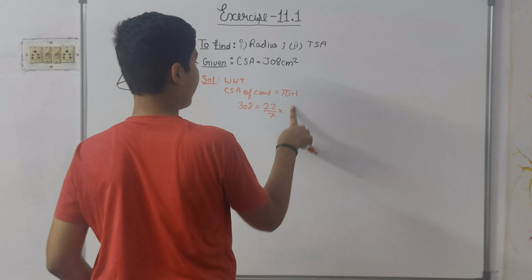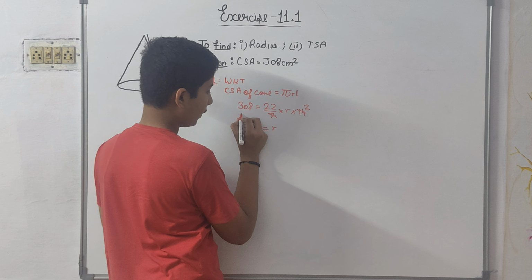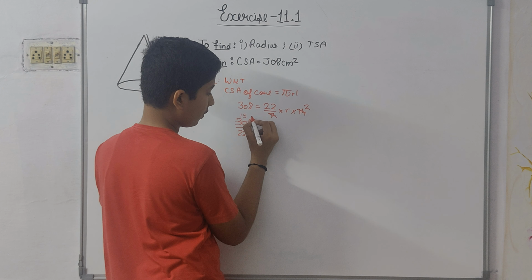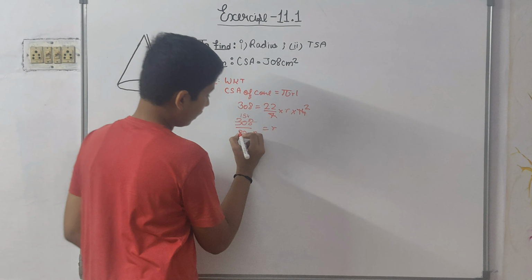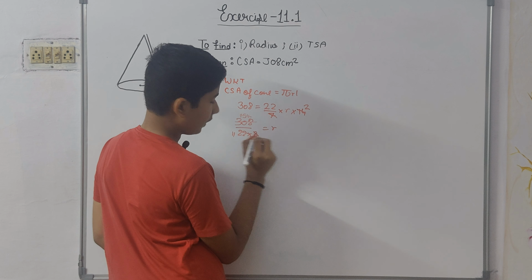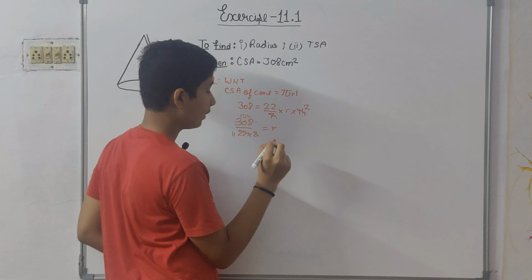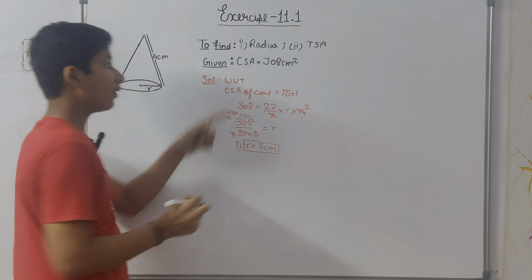So 308 upon 22 into 2 equals R. Now the 2 will cancel. 22 times 14 is 154, and once more there will be 11, 77. So 11, 7. Radius equals 7 centimeters. This will be the answer of the first one.